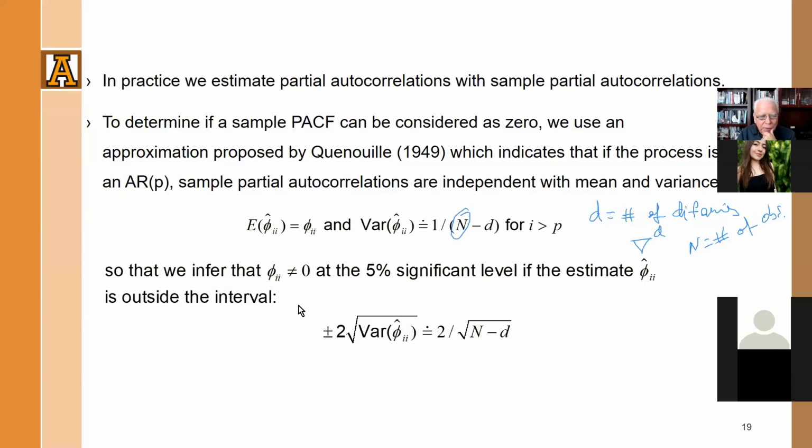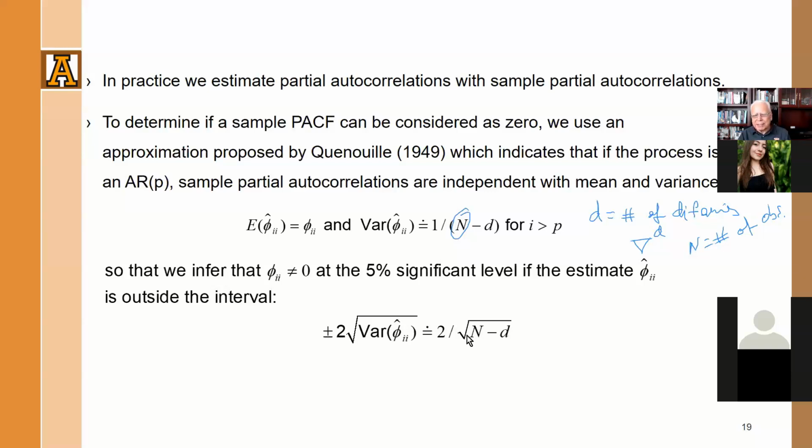So we can infer that phi_ii is different from 0 at the 5% significance level if the sample partial autocorrelation is outside this interval. The sampling distribution of the sample partial autocorrelations is not only independent, but can also be approximated by a normal distribution.